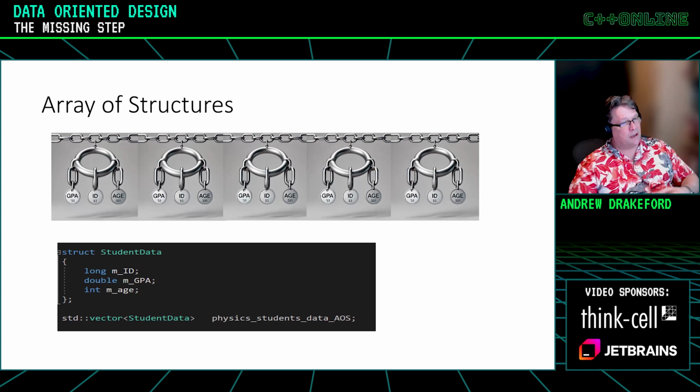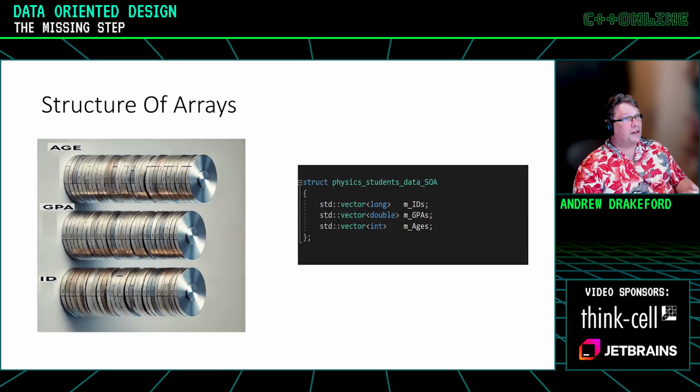And we stored these in a vector of student data, an array of structures. If I wanted to get all the grade point average data out, and I wanted to say calculate the mean, looking at the chain things, I know it would be quite a horrible, fiddly job to get the data out. And it is for the computer to do that and get that out and put it into one of those 8-lane registers. So we try to convert our array of structures to structures of arrays.